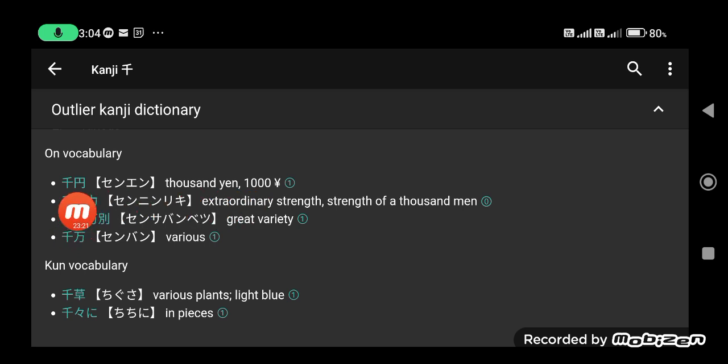This is yen, a monetary unit in Japan. Sennin riki, strength of 1,000 men. Sensa banbetsu, great variety.